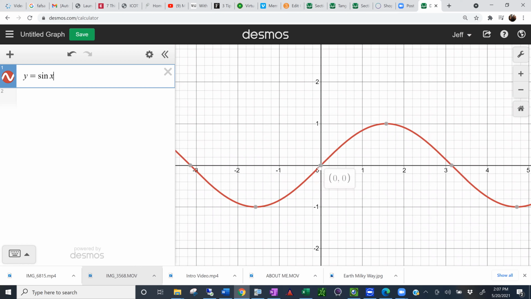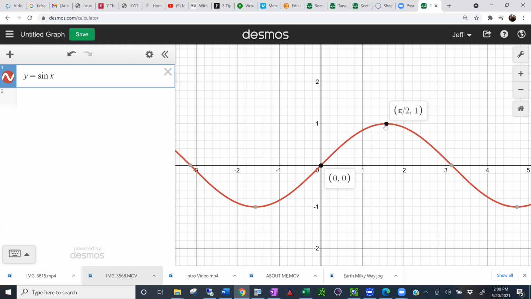So you start out, sine of 0 is 0, and then sine of, say, pi over 4 is square root of 2 over 2. But what angle is this one on the x-axis? Do you remember what it is? Pi over 2. Pi over 2, yeah. So I know that the maximum has to occur at pi over 2.